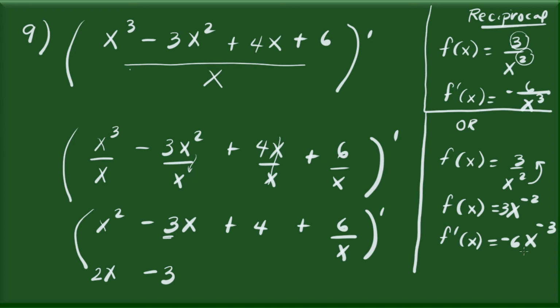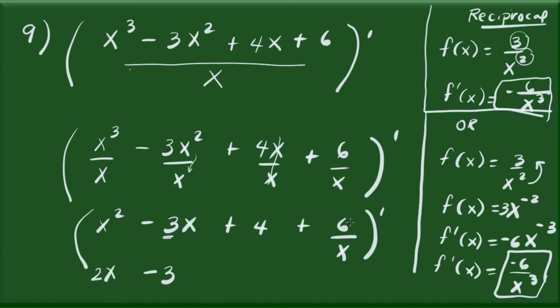You take away 1, right? And then you can rename this by moving the x to the negative 3 down here in the denominator, to then switch the sign of that exponent. So as you can see here, that's equivalent to what I got earlier using just one step.